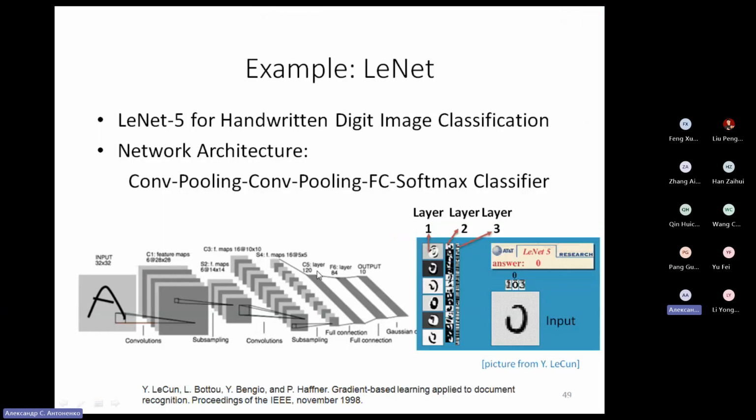So it's a very simple image, like 32 by 32 bits. And at the output, we should have 10 categories, so 10 neurons. Why 10? Because we have 10 categories. The number of neurons should be equal to the number of categories, because at the output we will have the probability of each category.